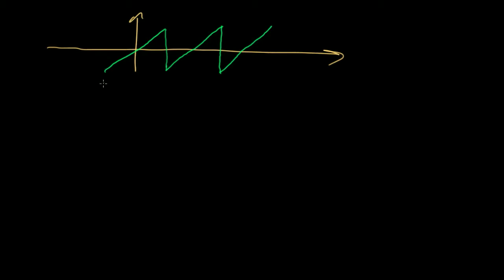But anyway, for A1, it was 2 over pi e to the minus j over 2. Is this right? Do you guys have that in the notes? Okay. No, 1 over pi. The first one is 1 over pi.